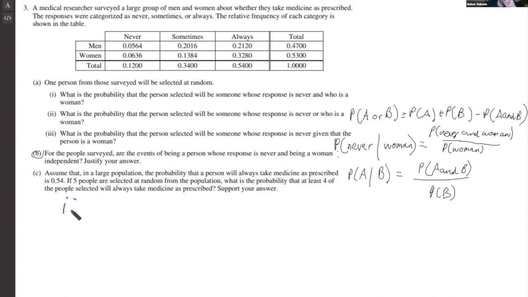We're looking for whether the probability of A given B equals the probability of A. If they are independent, then being male, for example, shouldn't have anything to do with their answer. So if they are independent, the probability of A given B is just going to be the probability of A. So then they are independent.